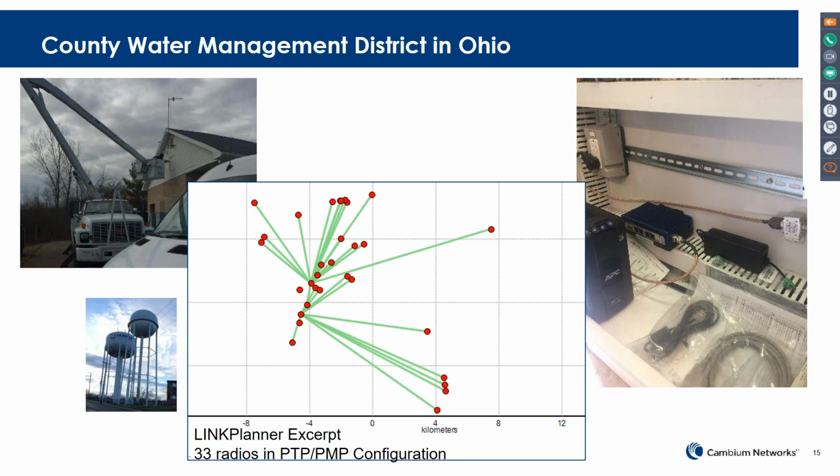They were already deploying a wireless network for their SCADA control system, using 900 megahertz unlicensed frequency. The problem is that the operating location is very close to an Air Force base, so they constantly have interference.